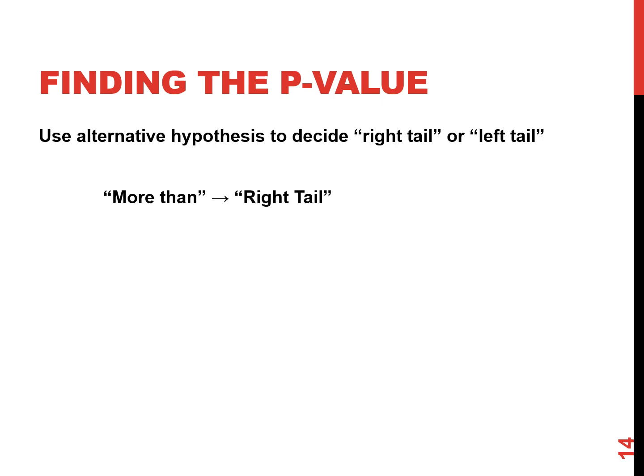When our alternative hypothesis is a more than statement, we use the right tail because the larger values in the distribution are going to be the ones that more support the alternative hypothesis. If our alternative hypothesis is a less than statement, then we use the left tail because it's small values that are going to support a less than alternative hypothesis.